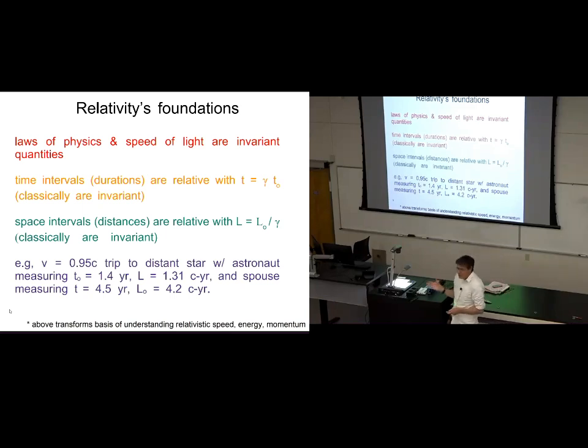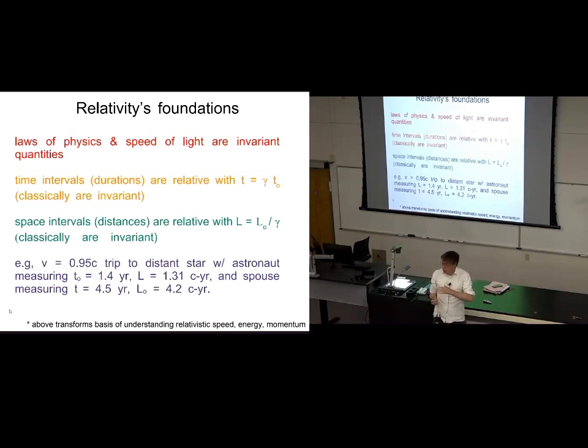We looked at an example of time dilation and length contraction. The example we looked at was an astronaut's travel to a distant planet. In the astronaut's travel to a distant planet, there were two reference frames. There was the distant star. There was the astronaut reference frame in the space rocket, and then there was the spouse's reference frame back on Earth.